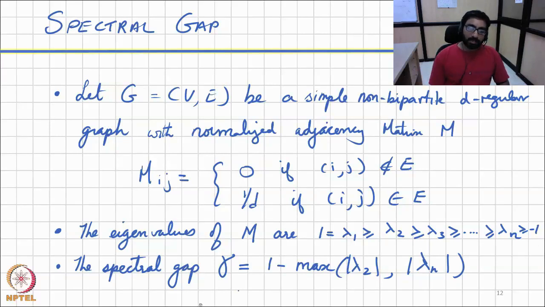Now, the parameter, the spectral gap, gamma, is given by 1 minus the maximum of either the absolute value of lambda 2 or the absolute value of lambda n. When the spectral gap is large, as in at least a constant bounded away from 0, then this graph typically has good expansion and is typically called an expander graph.